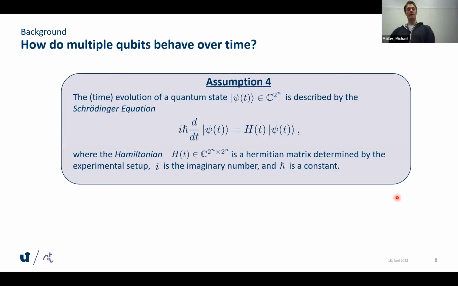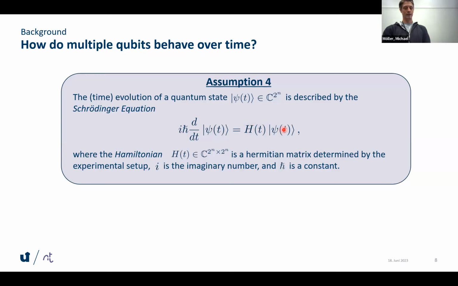So physicists have found how to describe how a system of qubits described by this vector psi here behaves over time. And it's this equation, so basically the imaginary number i times a factor times the time derivative of that qubit state is equal to some large matrix, so 2 to the power of n by 2 to the power of n matrix, times this state.